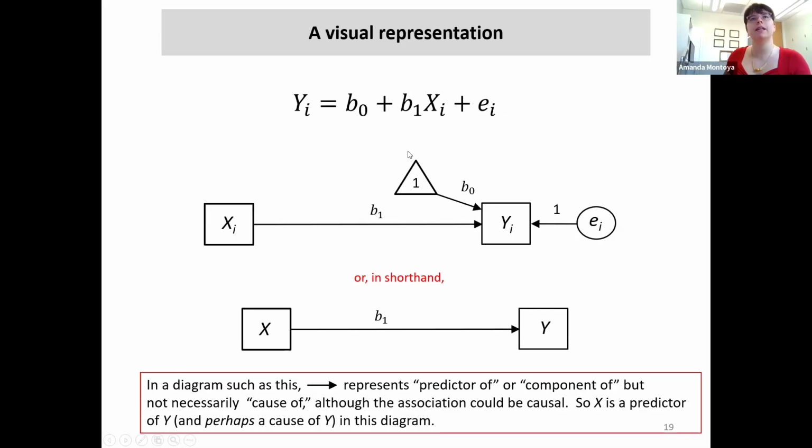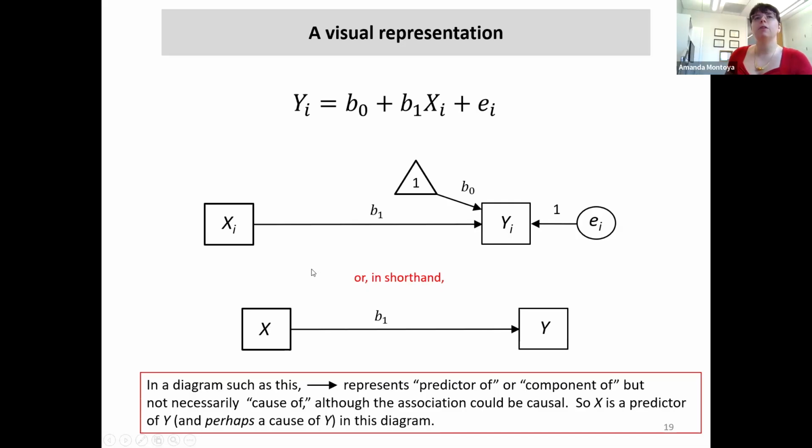I also can have the intercept in my visualization using a triangle with a little 1 in it. This comes from the structural equation modeling literature. The path for this is b0. And then I have my residual, and the residual doesn't have its own coefficient, so it just gets a 1 for the size of the path.